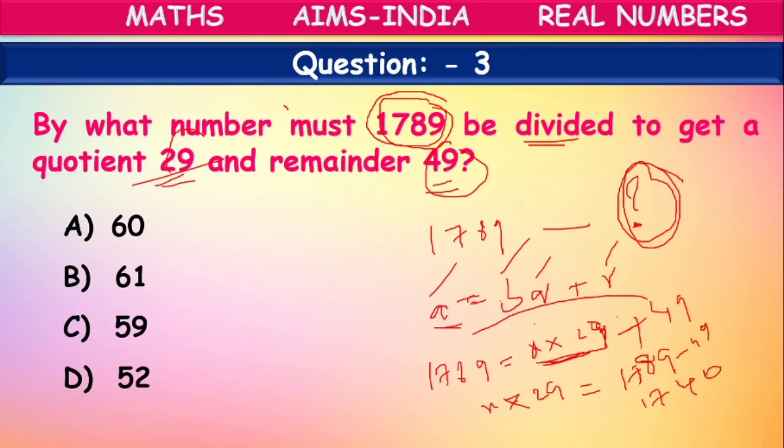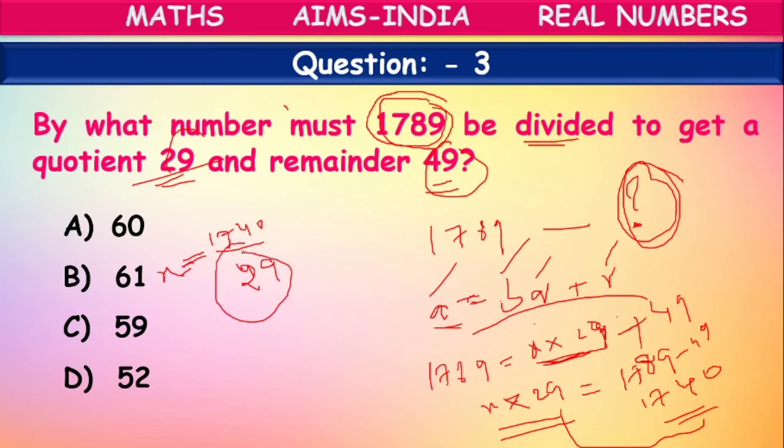1740. Okay. Now X into 29 equal to 1740. So then what about X? 1740, this 29 will go that side. So it will become by 29. 29 6 times are 6 9s are 54. 6 2s are 12 plus 5, 17.